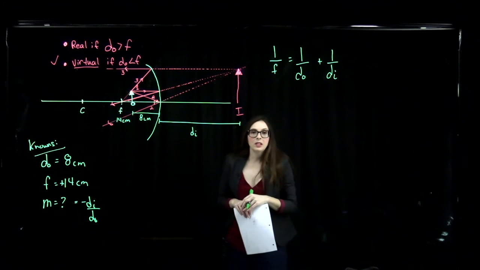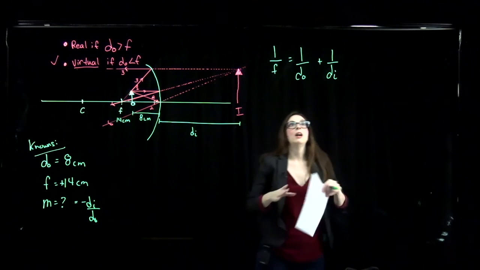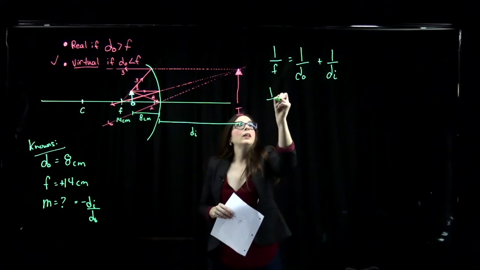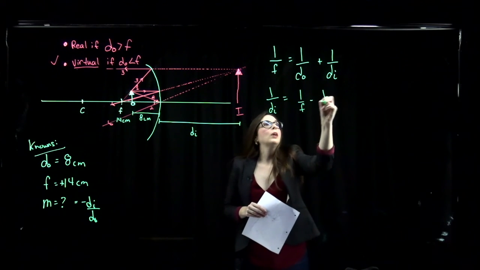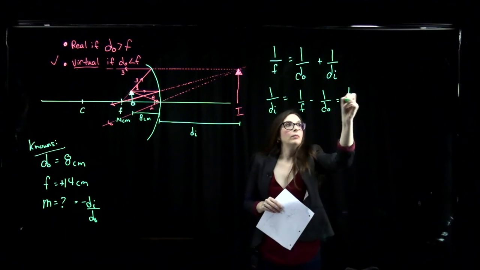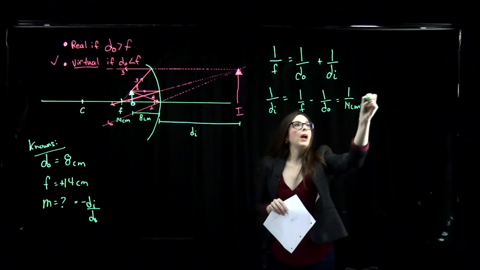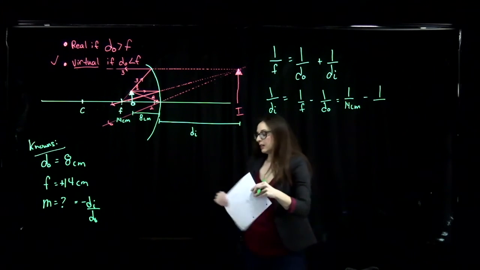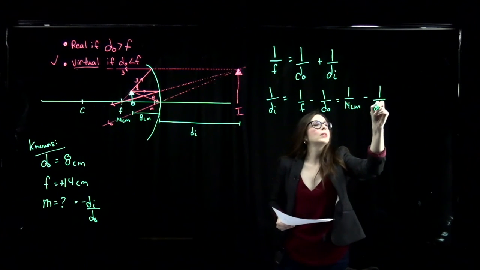I want to solve this equation for di, so I'm going to move do to the other side. So 1 over di equals 1 over f minus 1 over do. And that equals 1 over the focal length, which was 14 centimeters, minus 1 over the distance our object is away from the mirror, which is 8 centimeters.